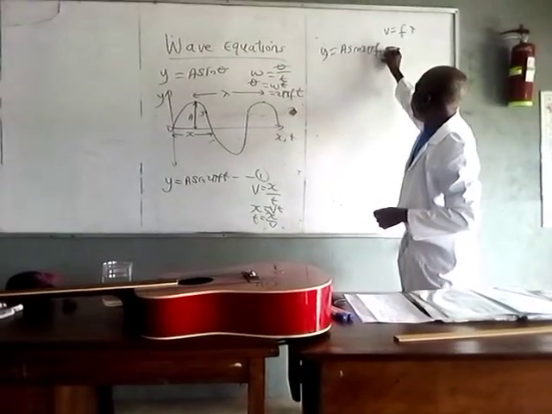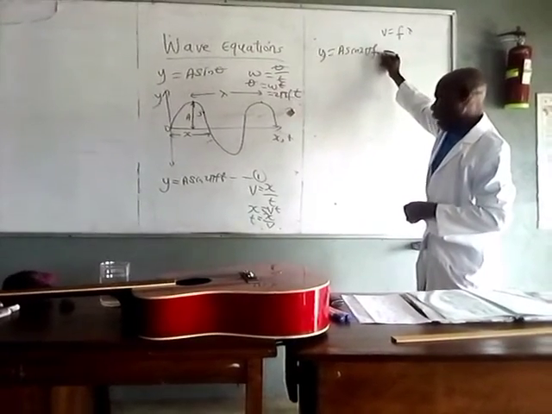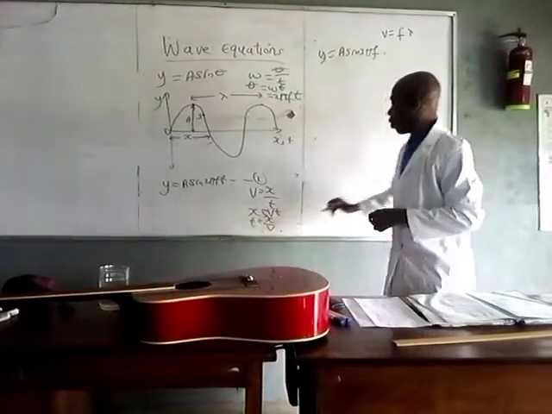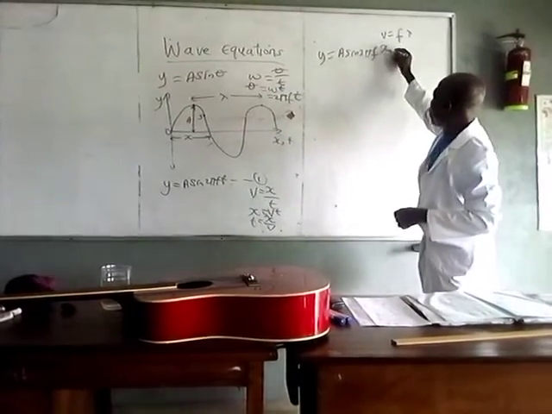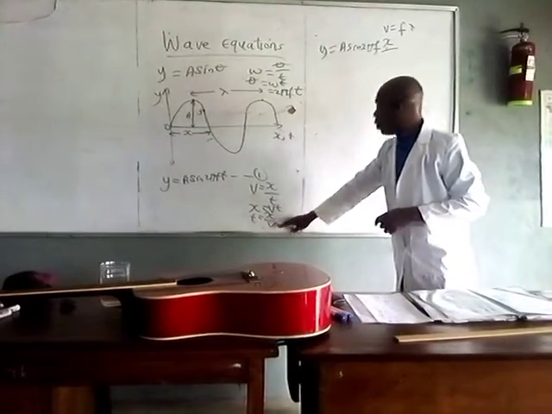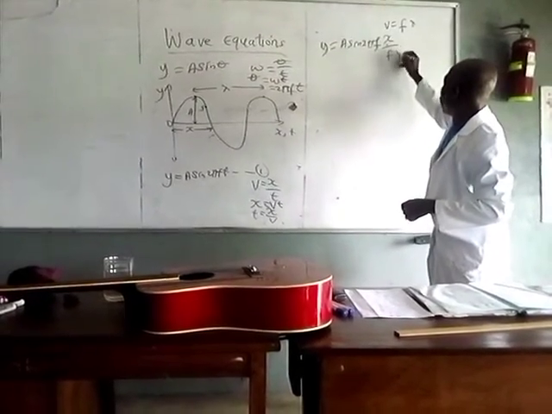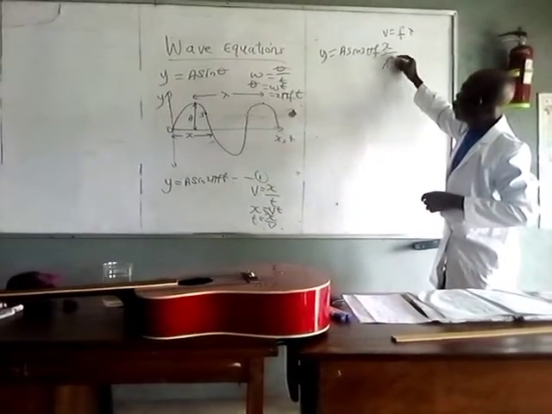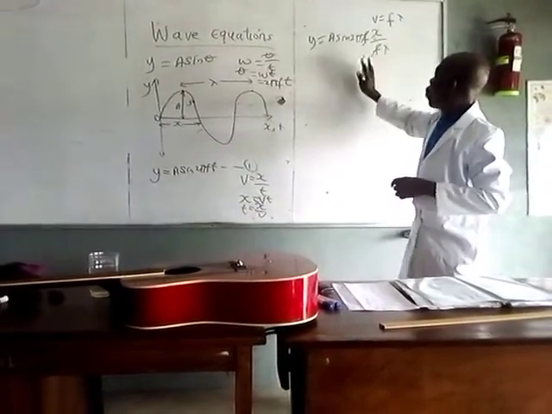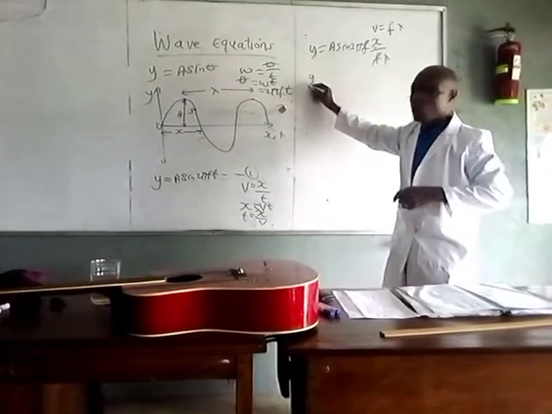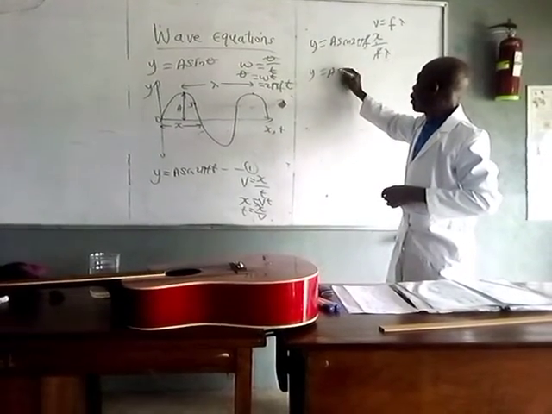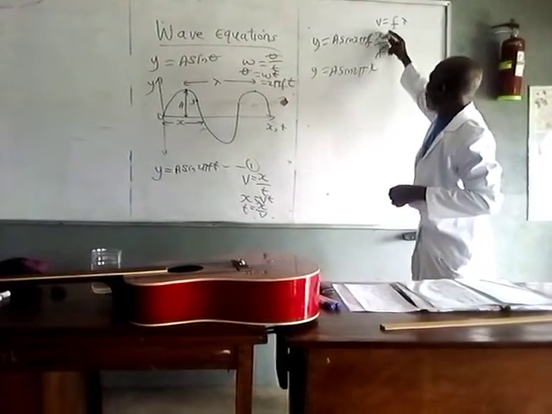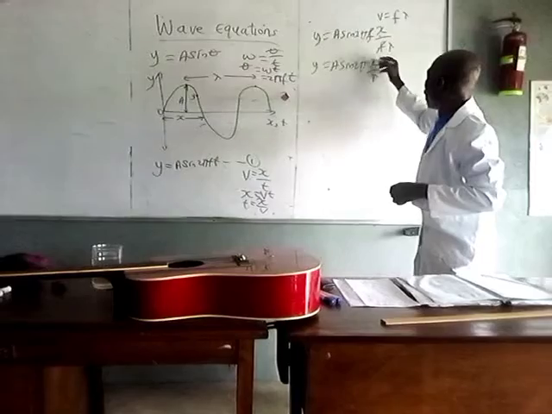then equation 1 becomes y is equal to a sine 2 pi f. Instead of t, we'll replace it with x, all over, instead of v, we'll replace it with f lambda. So here, f will cancel f. The equation becomes y is equal to a sine 2 pi x all over lambda.